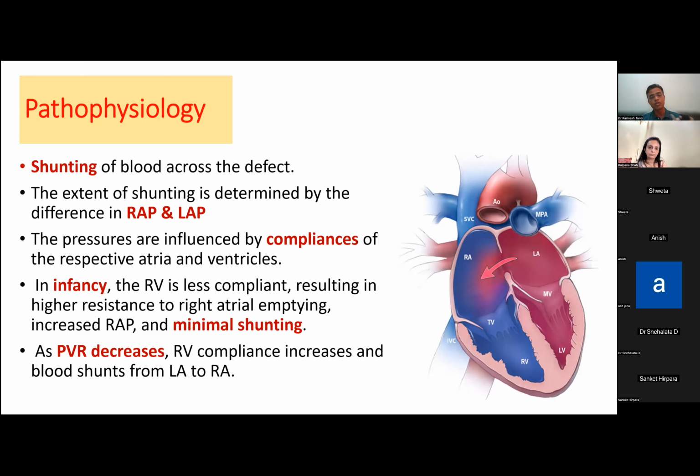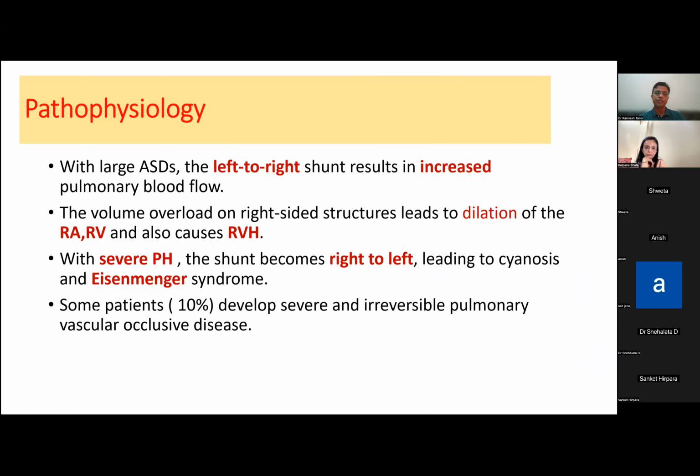Because there is much less difference between RA and LA pressure during infancy, there will not be much shunting. Gradually the PVR decreases and the shunting towards the right side increases, and gradually the symptoms start appearing in the first decade or later, in the preschool age group.